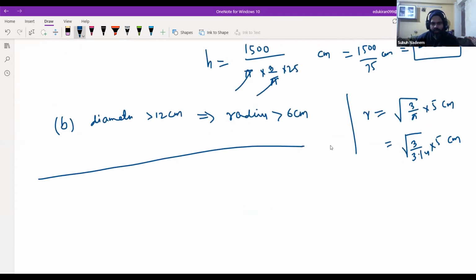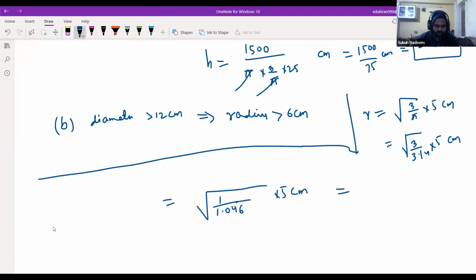Dividing 3 by 3.14 gives about 1 by 1.046.